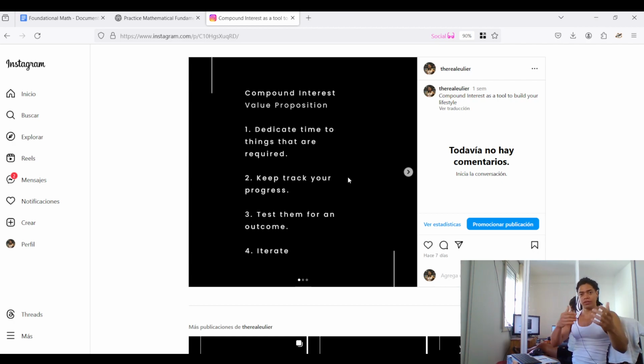Over the last 3 years, I have dedicated time and attention to practicing this, and here's the outcome. And also in the case of, for example, learning Vue and Node, and here also the mathematical fundamentals.